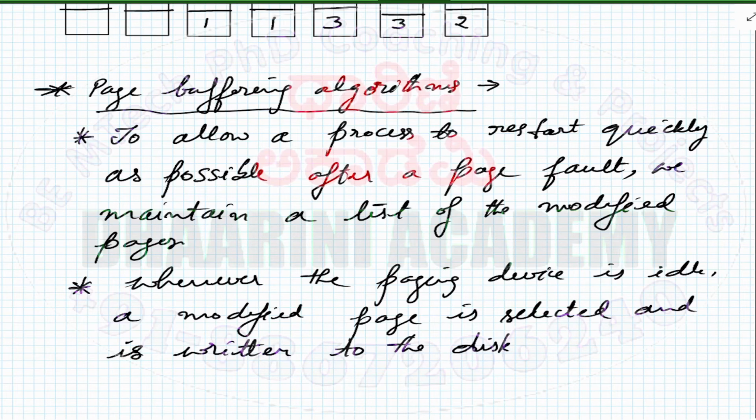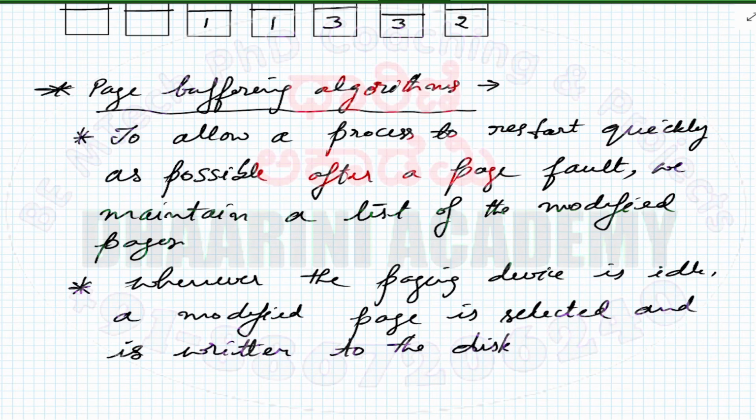So this scheme increases the probability that a page will be clean whenever it is selected for replacement, and you don't have to write it out. It's already written, correct? Whenever we looked at the page replacement algorithm, we understood that when you try to access a frame which is filled, you see that it's not a free frame. You have to make the frame free by writing it onto the disk.